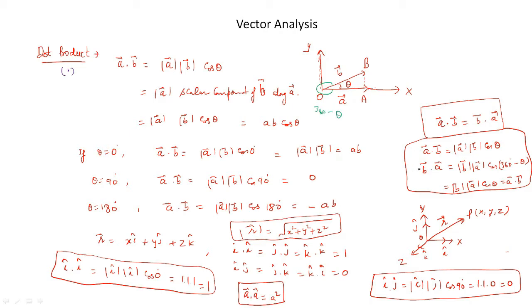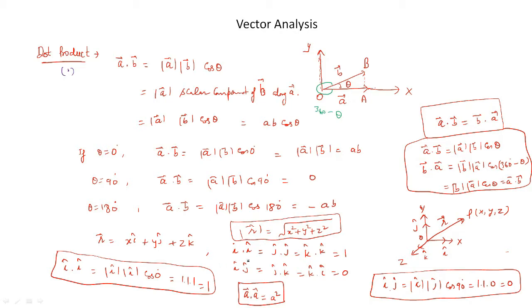So if you write B dot A, you can write it as modulus of vector B, modulus of vector A, cos of 360 minus theta. So it will again give you cos theta. So we can say that A dot B is equal to B dot A, or the commutative law is followed in case of the scalar product of the two vectors.